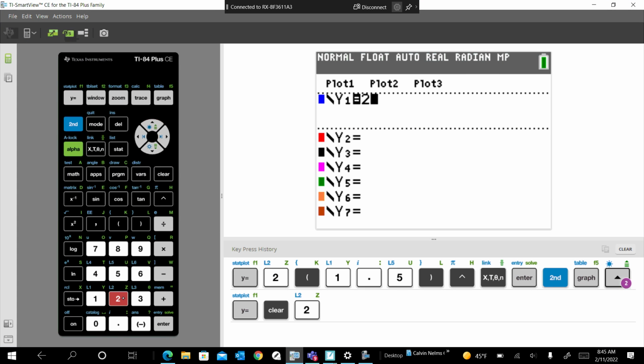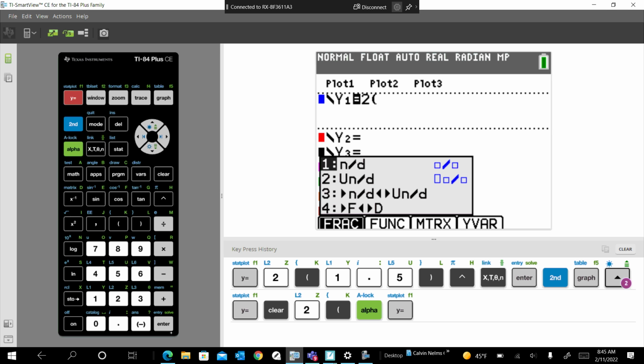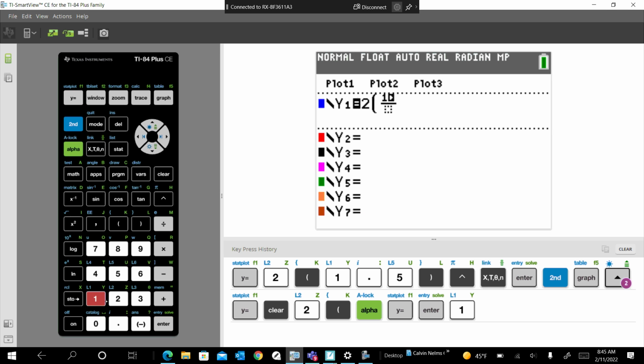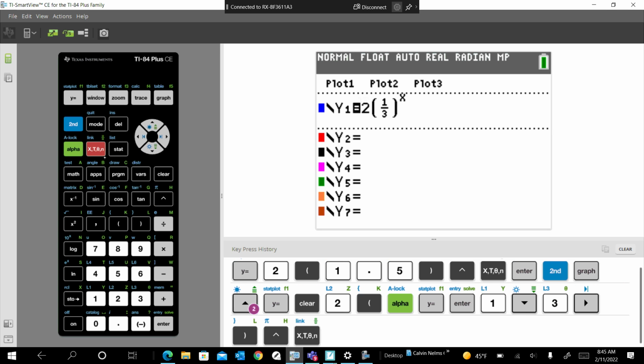So if you do 2, parentheses, then alpha y to make the fraction box, and type in the 1/3, close the parentheses, raise it to the x power, you would get the fraction results.